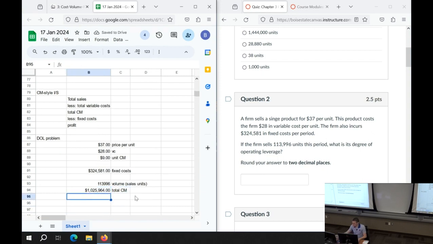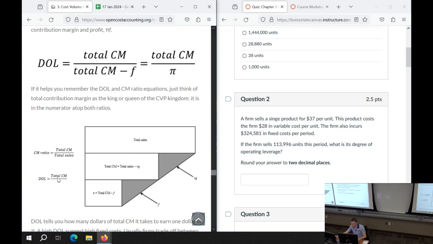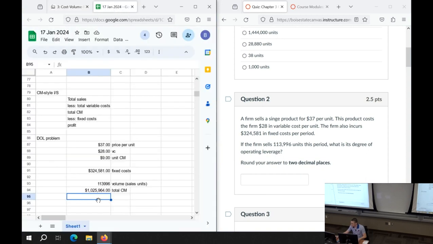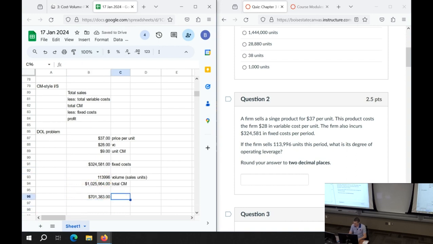Great. That's the numerator for degree of operating leverage. The denominator is profit, which if we look up here, we're just talking about that total CM minus the fixed costs. Total CM minus the fixed costs. This is our profit.